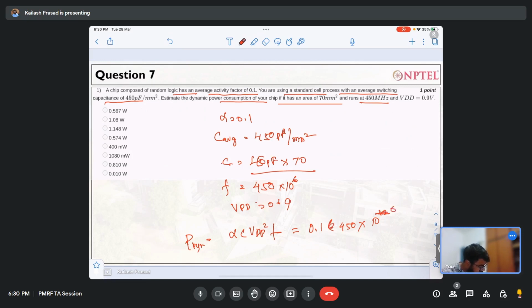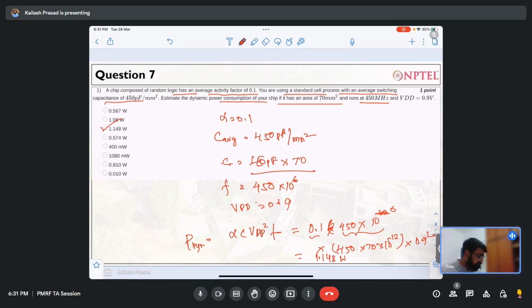This is alpha into frequency, alpha and F. Then you have to multiply it by C also. So C is 450 into 70 into 10 to the power minus 12. This will be multiplied by your VDD square, so 0.9 square, and the final result you will get is 1.148 watt. So the answer will be 1.148 watt over here.